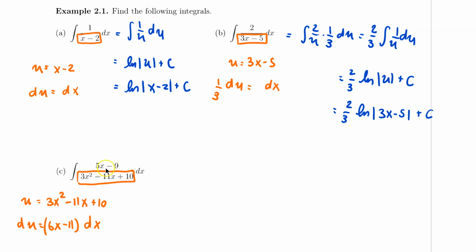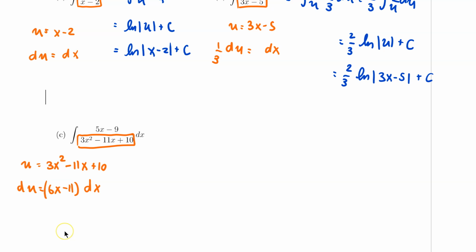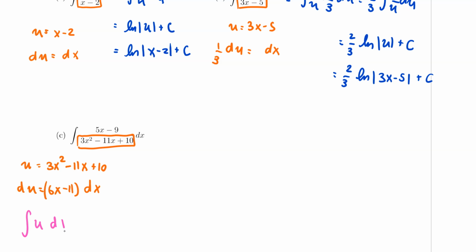And 5x plus 9 doesn't look anything like 6x minus 11 either. If I try to use integration by parts, I'm going to need to write this thing as the integral of u dv. And it doesn't look like I can let anything be u and dv where I can find u and v easily either. So these two methods that we had earlier certainly don't work on this integral.